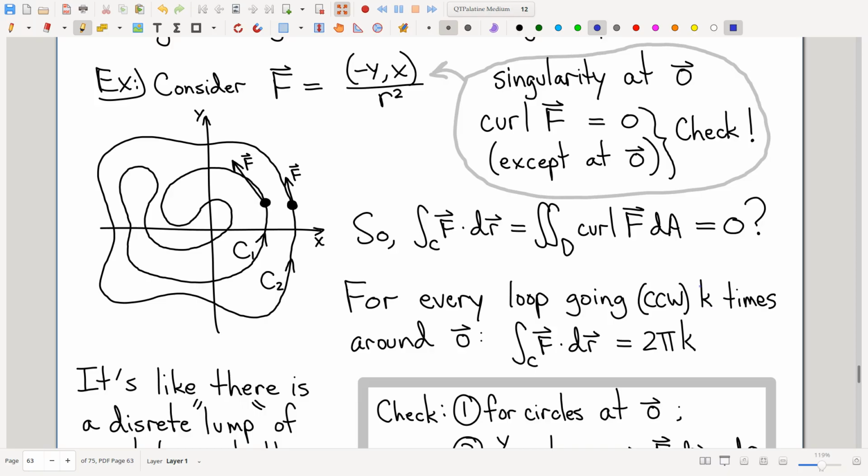Big deal for you engineers, right? Electric fields, they're in everything, right? And how do you understand electric fields? How do you relate to point charges? Well, point charges create singularities in the electric field, and the way that we deal with those singularities is highly analogous to what we just did here. So this is kind of a first step. And we'll come back and talk about the analogous version of this for electric fields in the next couple of weeks at some point.